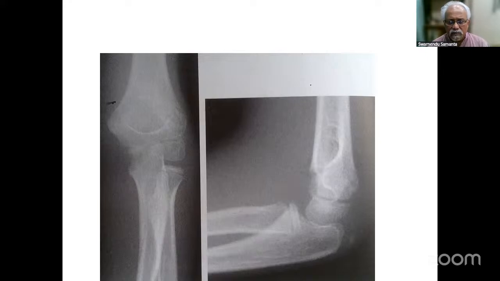If you listen to me now, this is the way you should tell it: this is a radiograph of an immature skeleton showing the part of the elbow, in AP and lateral view, where there is a breach in the continuity of the anterior cortex, and also a breach in the posterior cortex in the lateral view, which is well seen. So this is a supracondylar fracture in an immature skeleton.